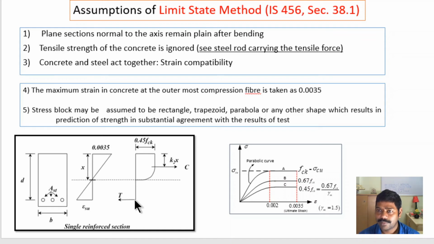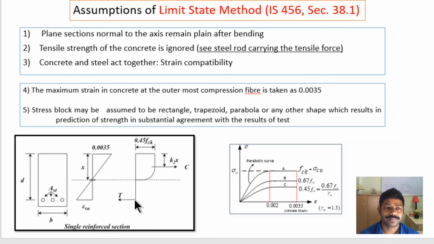This is different from the working stress method. The working stress method says that stress and strain are linear and does not provide any limit for the strain, but in the limit state method, the strain under compression must be limited to 0.0035.